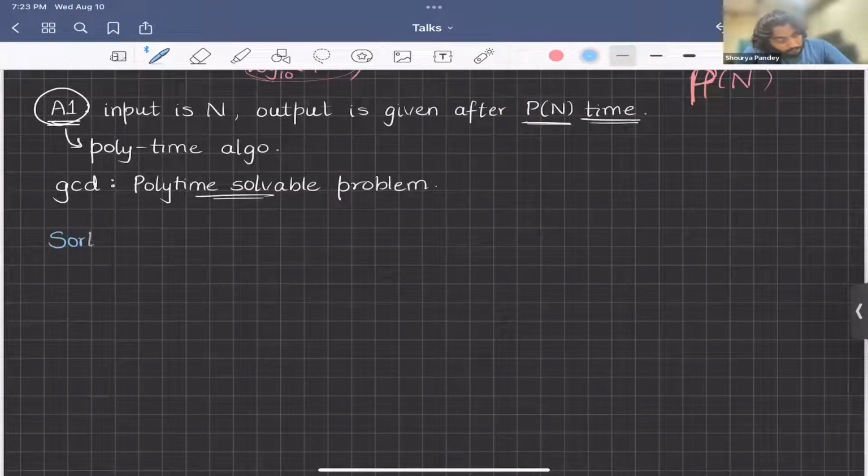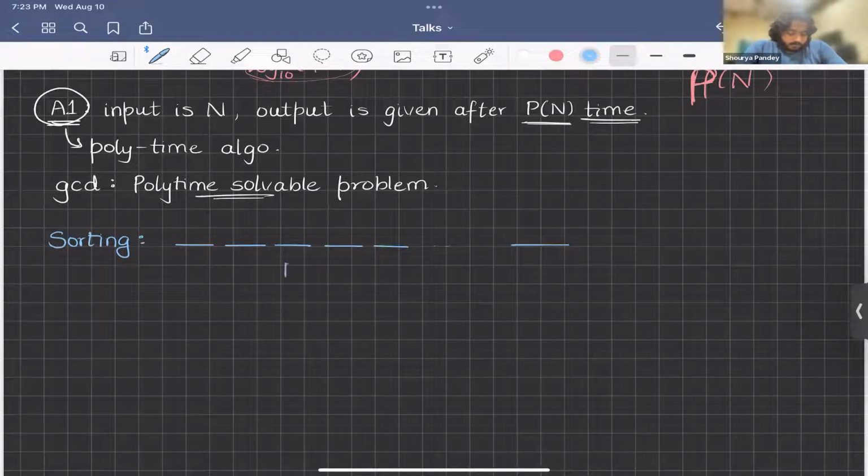So sorting. I have a sequence of numbers. Let's say they're like cards that are flipped, so I have n flipped cards, each with a number on it.